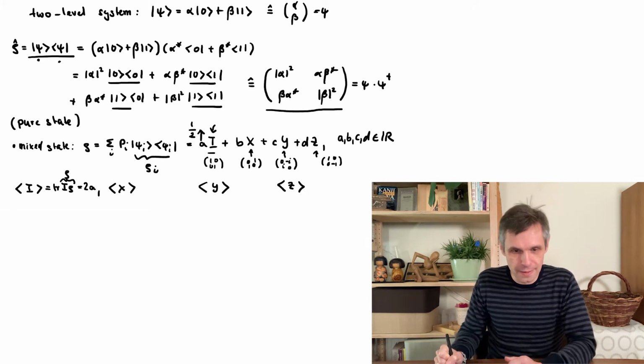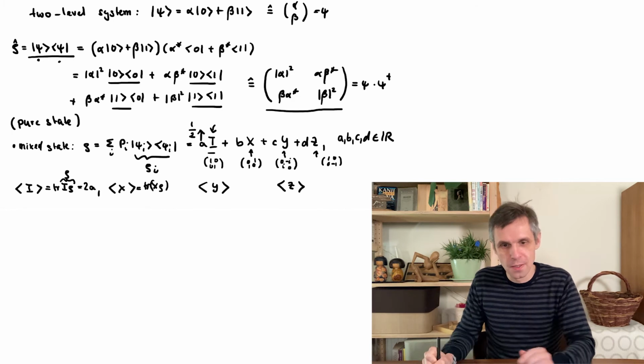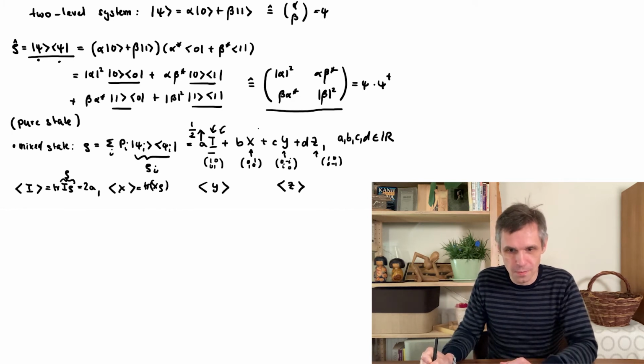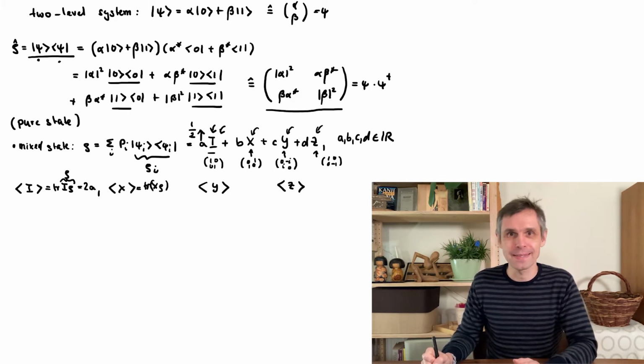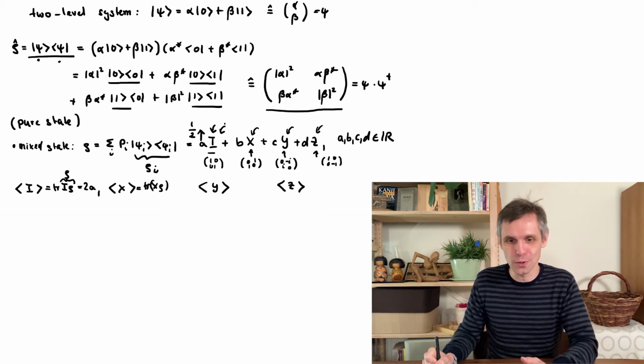Now when we next calculate the expectation value for the observable X, then we have to calculate the trace of this 2 by 2 matrix. So we have to multiply each of these terms by X. Now if we multiply the identity matrix by X, we simply obtain X, and the trace of this matrix vanishes, so we don't obtain any contribution from this term.